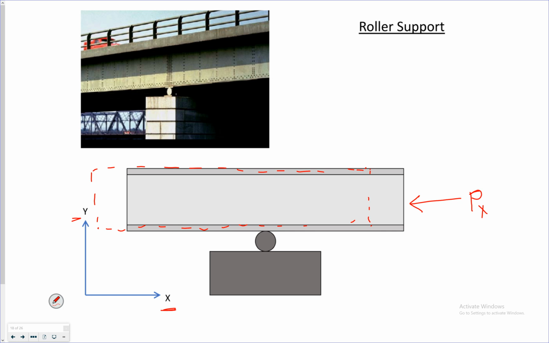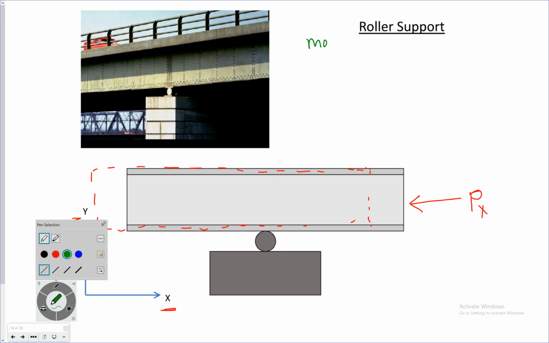We're going to stick to two-dimensional right now because it's easier. So if I apply a force, that beam is moving horizontally, so that roller is not doing anything.